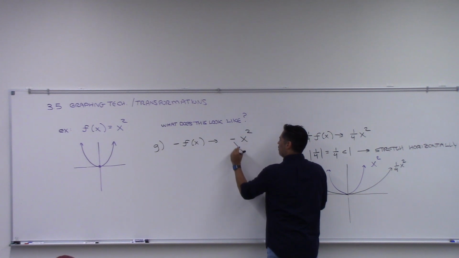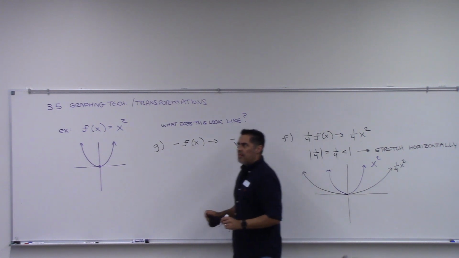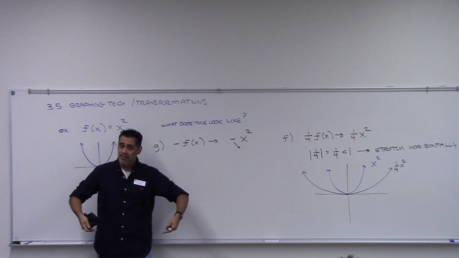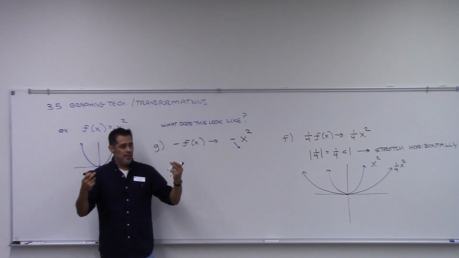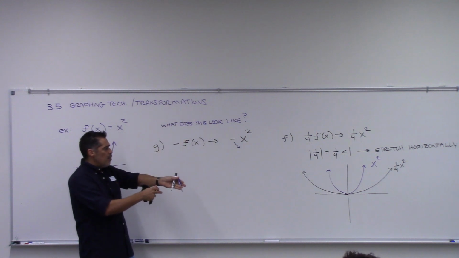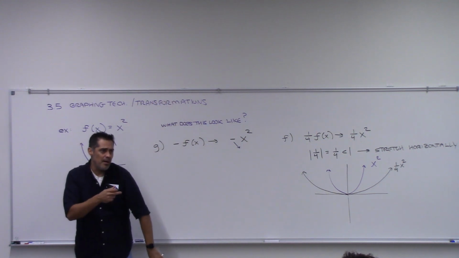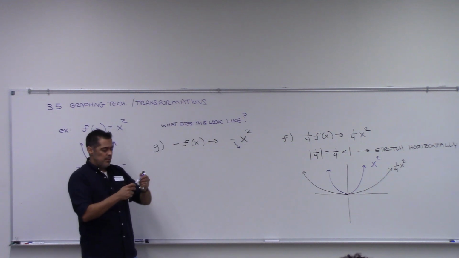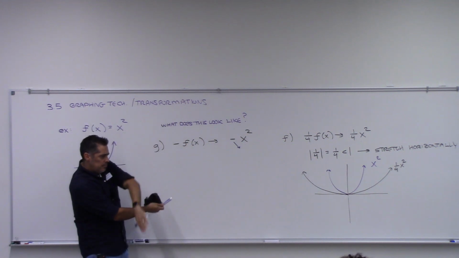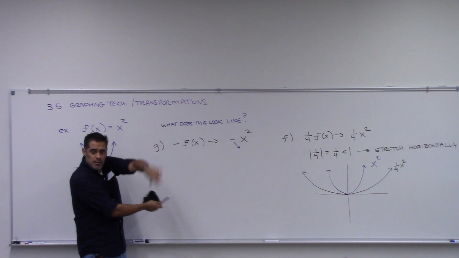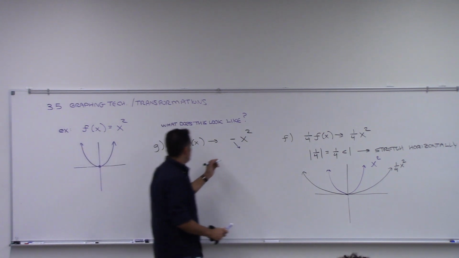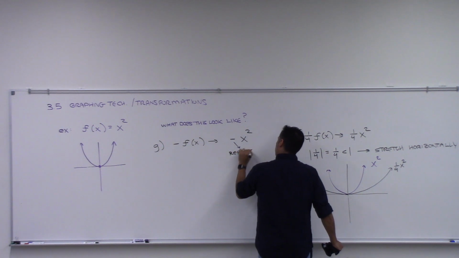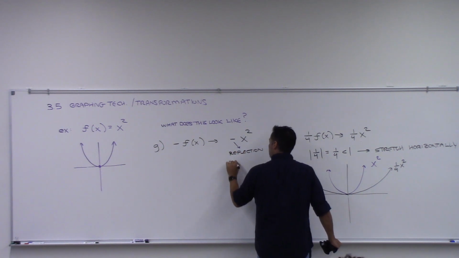Well, everything that used to be positive is now negative, right? And everything that used to be negative is now positive. So that has the effect of taking every point that used to be up on top and putting it on the bottom, right? Or if there was a point on the bottom, it's going to move it to the top. So what is that? Flips it over what? The x-axis. So this is called reflection about the x-axis.